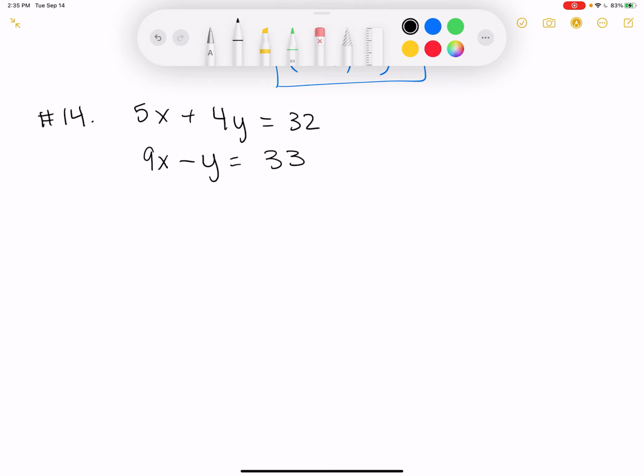So I'm just going to give you the hint. Make sure you don't forget to divide that negative through when you're solving for y, okay? All right, work on this problem, please.